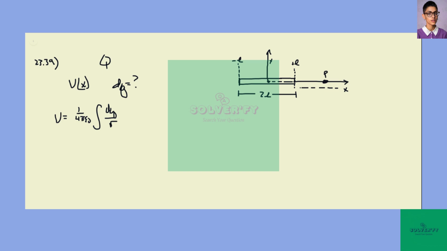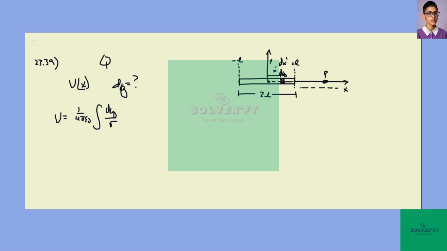So if we choose a differential element of the rod here that we call dq, this is at a position x prime away from the origin, where the width of that little section, dq, is given as dx prime.